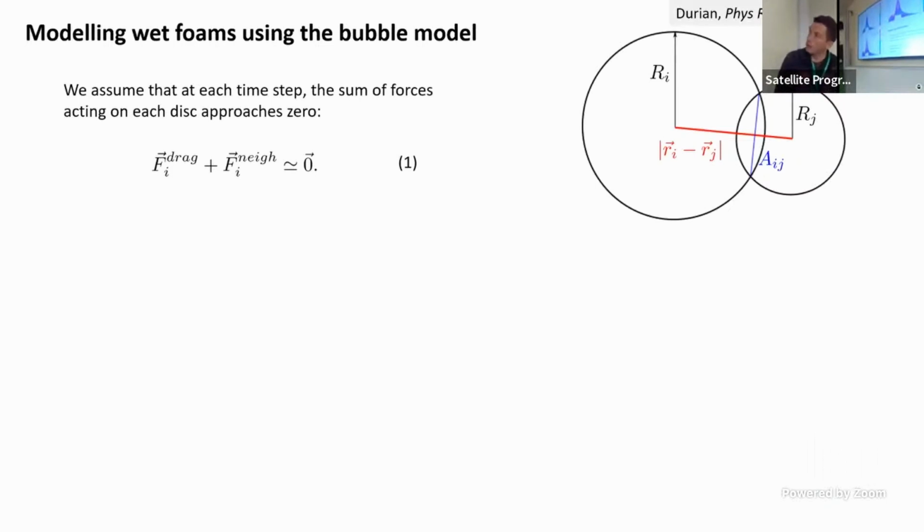So for the wetter foams, it becomes more and more apparent that we have a lot of very small bubbles appearing in our distribution. Okay, and thankfully the results for my simulations are very close to what previous groups have shown.